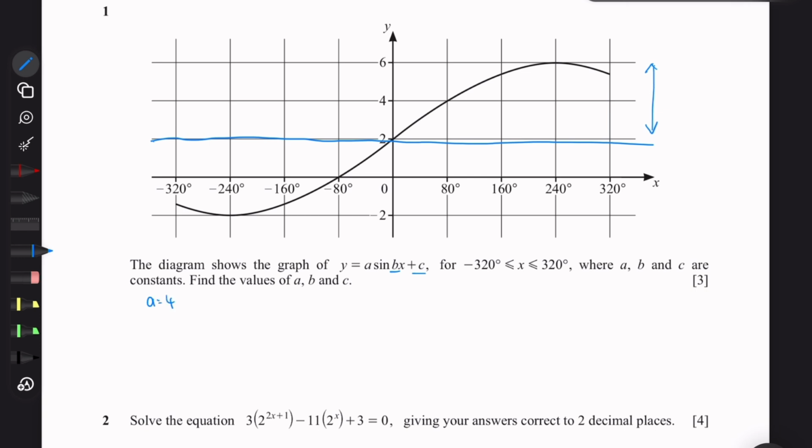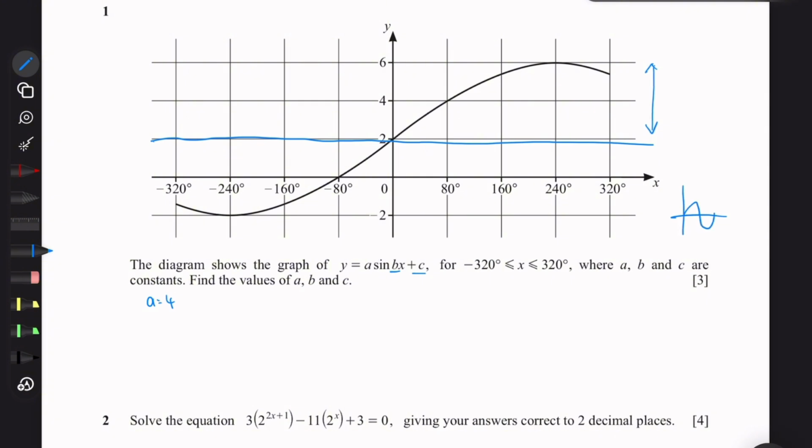And then next we can find the b value. Remember, this is how many complete sine graphs there are in 360. A normal sine graph will look like this.